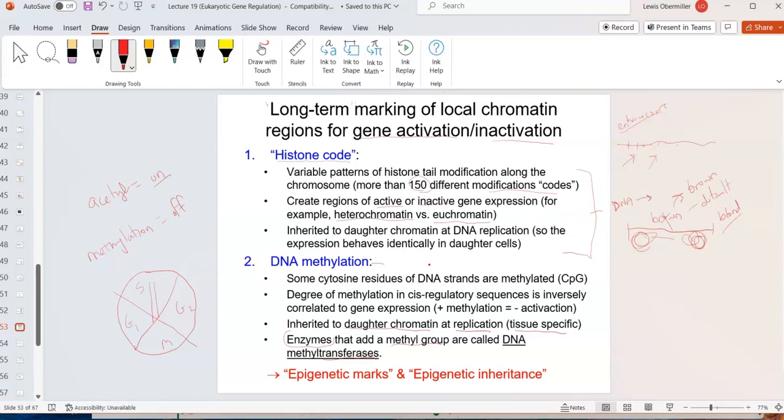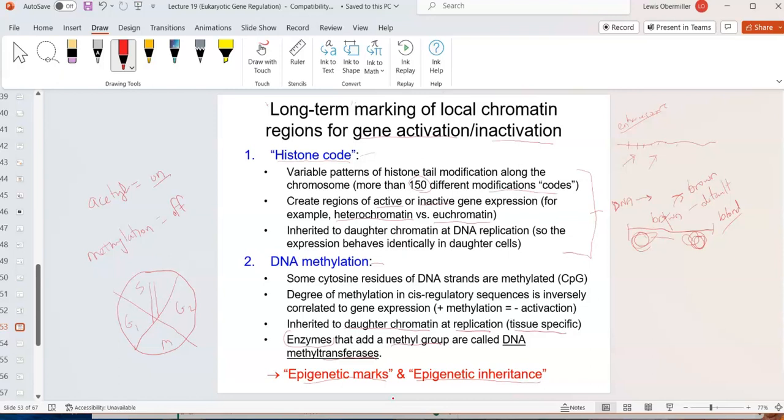These codes, this series of methylation regions and histone acetylation regions and other modifications that we're not covering, that's beyond the scope of this class. If you want to know more, you can take a molecular genetics class. But we collectively call these epigenetic marks, right? Or epigenetic inheritance.